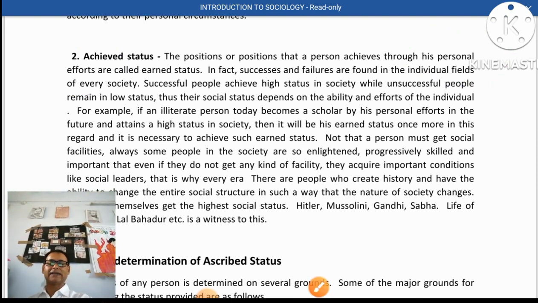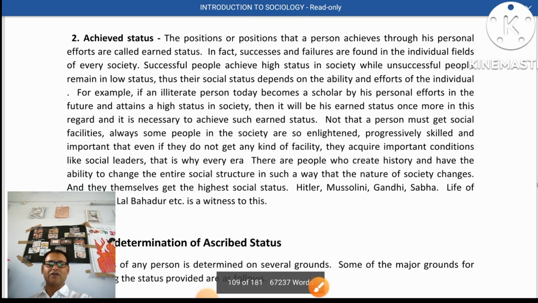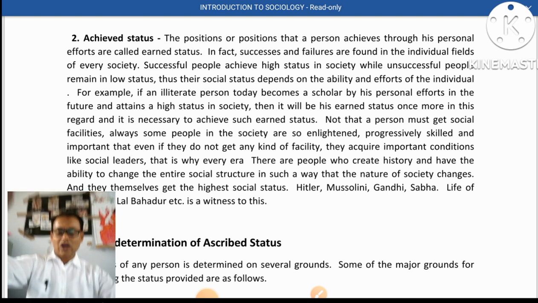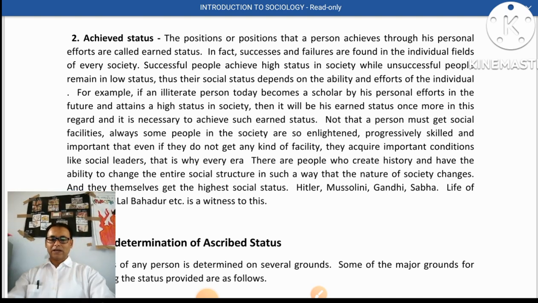In fact, success and failure are found in the individuals' field of every society. Successful people achieve high status in society, while unsuccessful people remain in low status. Thus, their social status depends on the ability and effort of the individual.